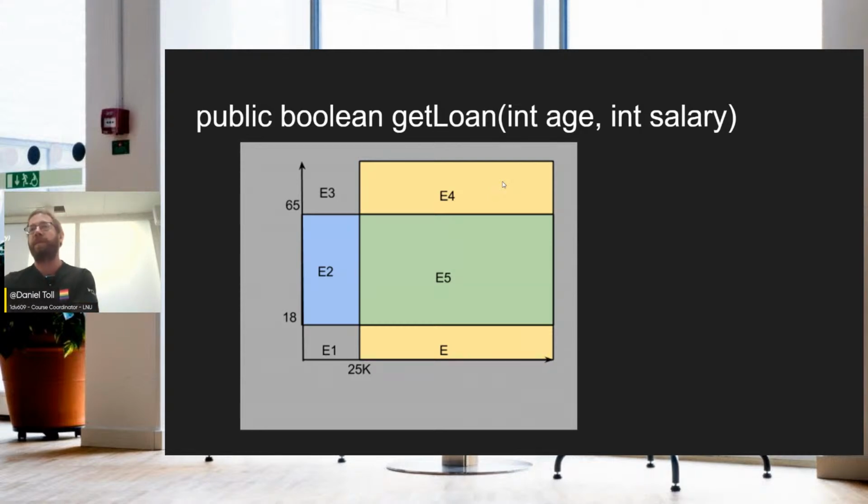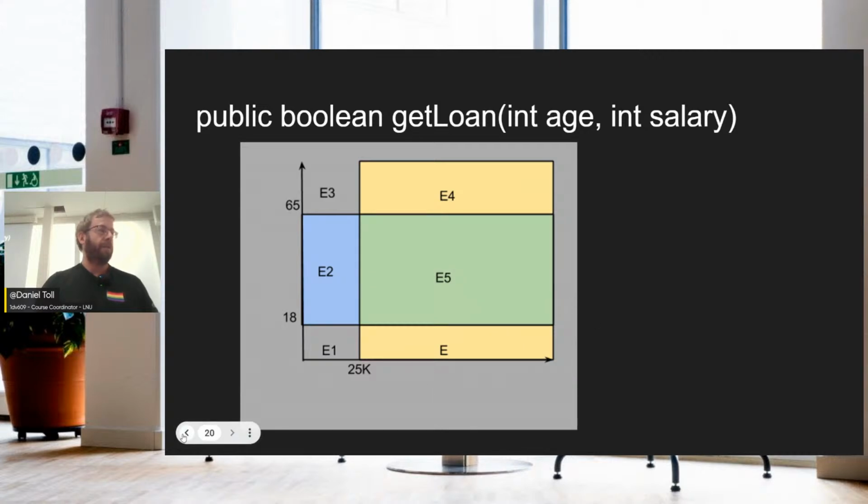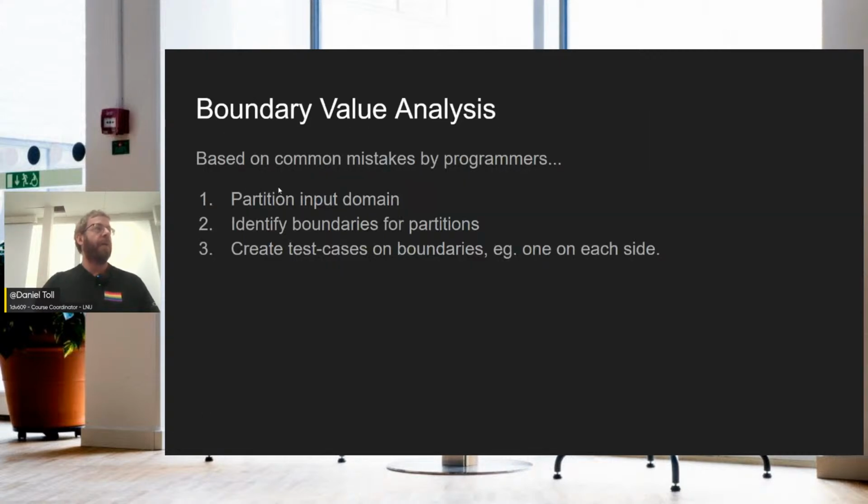That is a common mistake. We use the wrong comparison operator. So it makes sense to create test cases on the boundaries of these partitions. And usually we try to have one on each side of these boundaries.